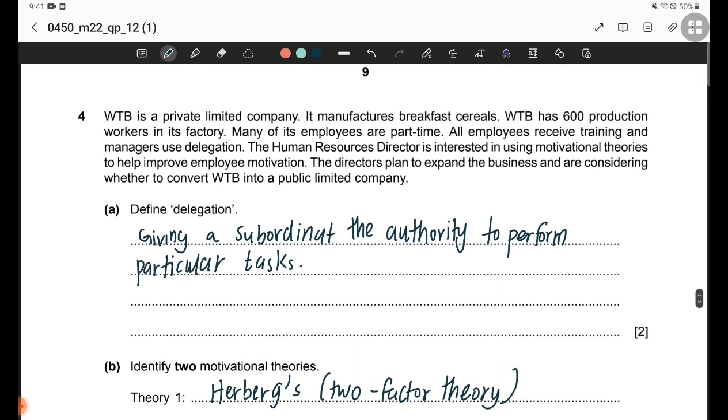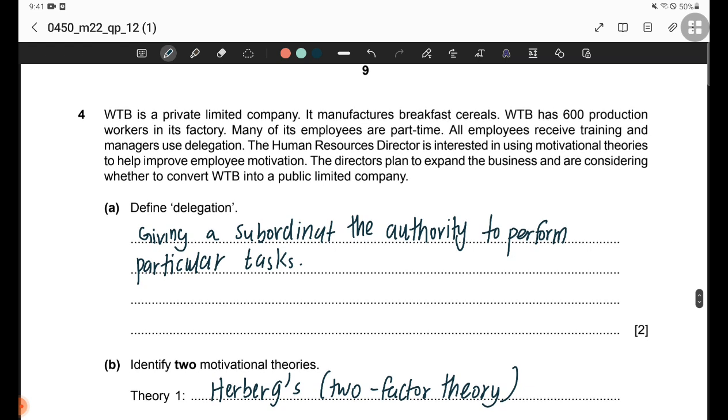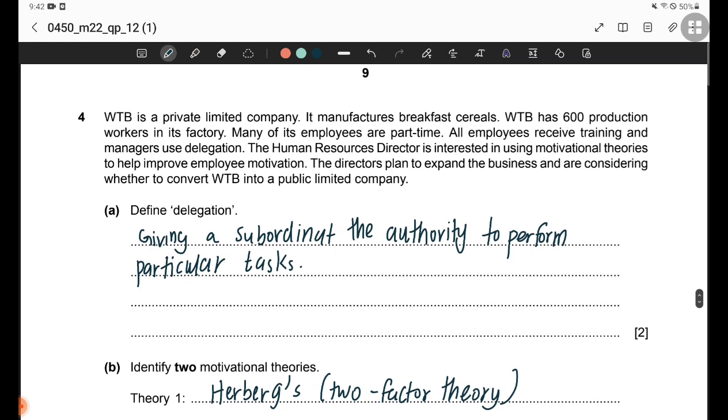There are a lot. Okay, so for number 4, which is the last part of this paper, WTB is a private limited company. It manufactures breakfast cereal. WTB has 600 production workers in its factory. That's a lot. So many of its employees are part-time. That's a keyword, it's a clue.